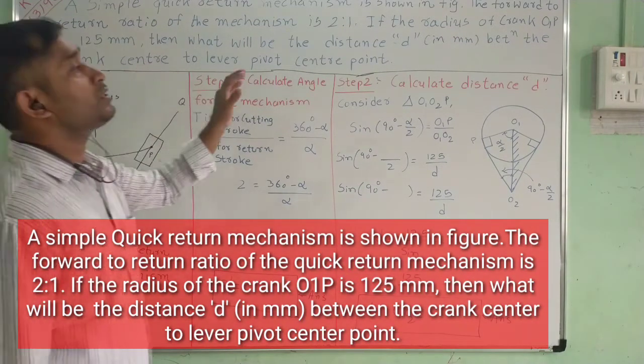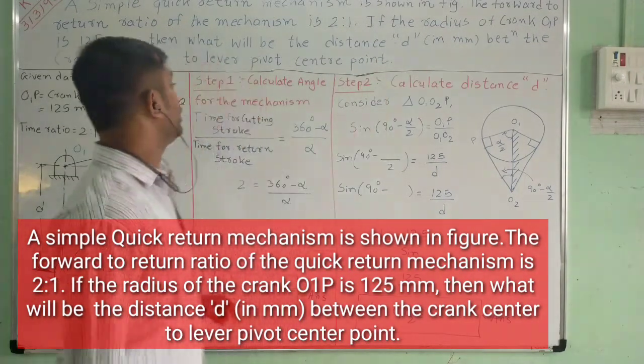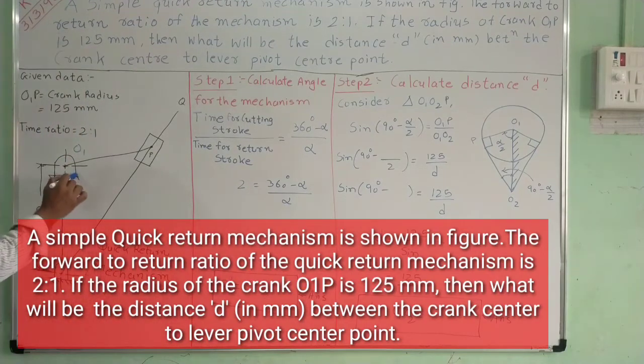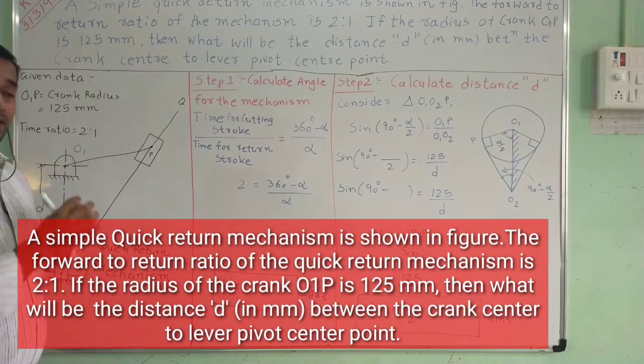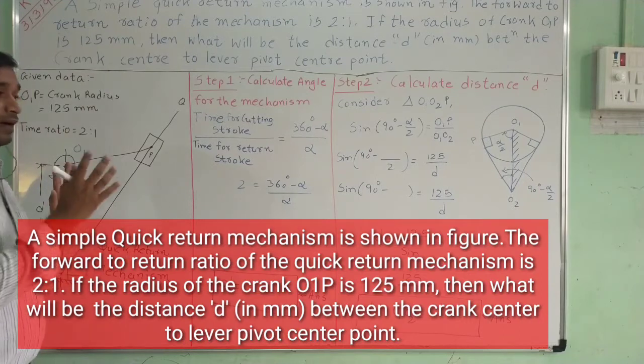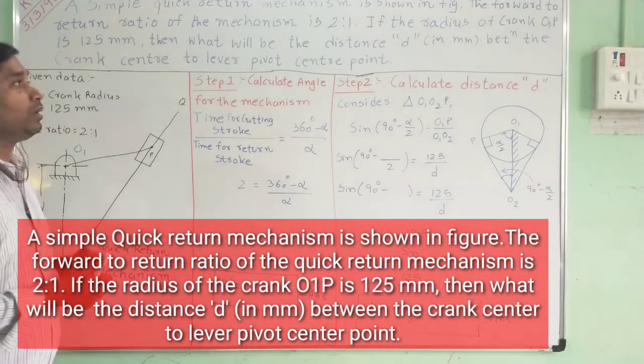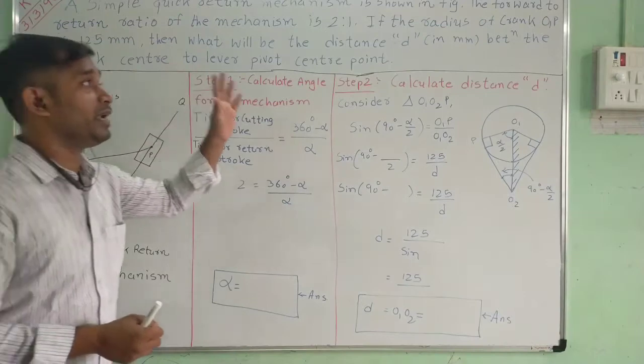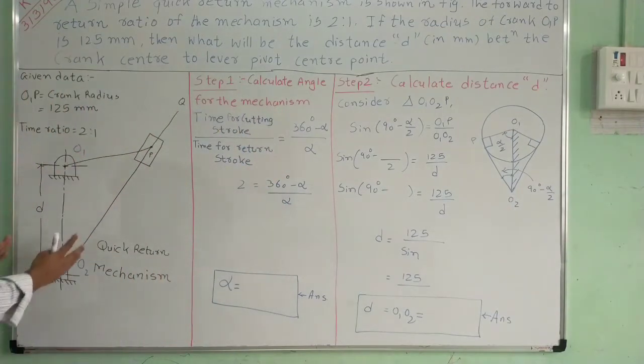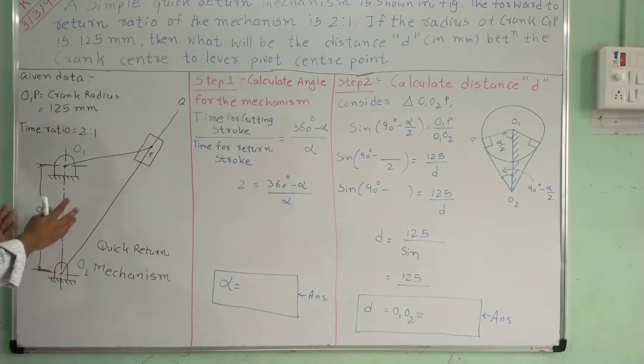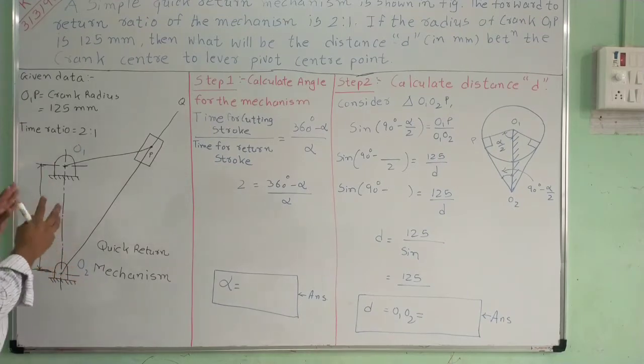Then what will be the distance d in mm between the crank center and the lever point center? Okay, again a very easy problem, same as the first problem we solved. The simple return mechanism is shown in the figure. The figure is already given. The forward to return stroke ratio of the mechanism is 2:1.